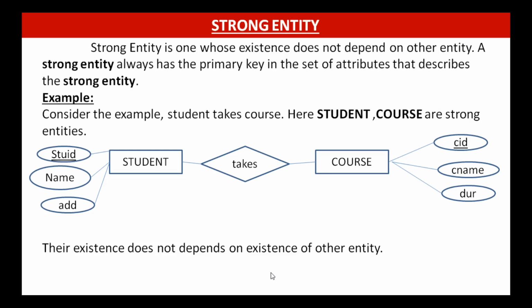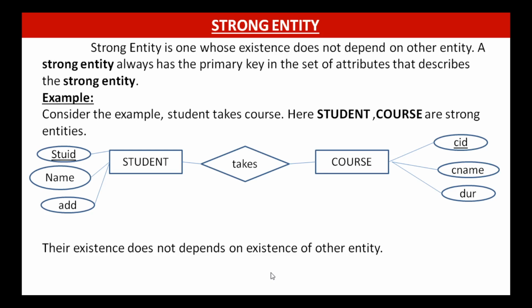Why? Because their existence does not depend on another entity's existence. The student entity has a primary key and the course entity has a primary key, which are used to identify all entity instances in the student table and the course table.